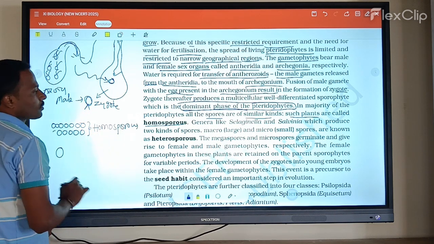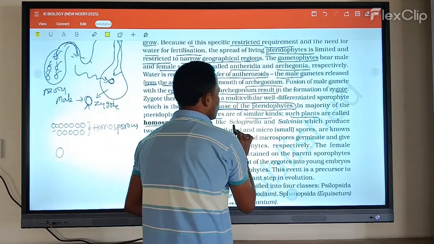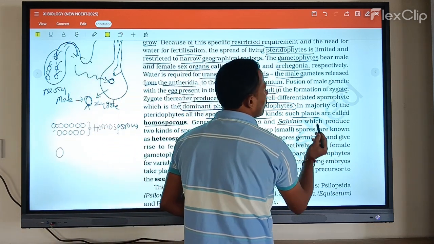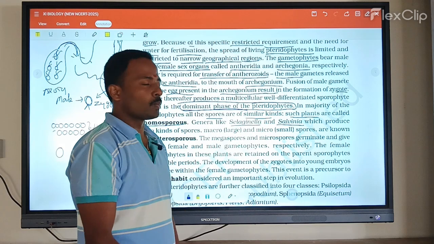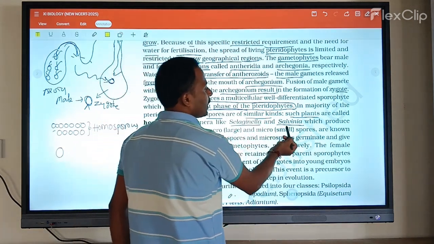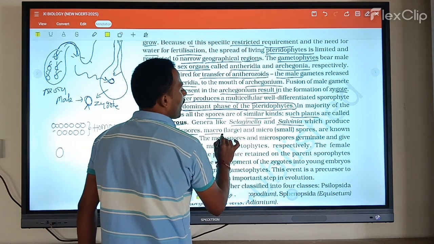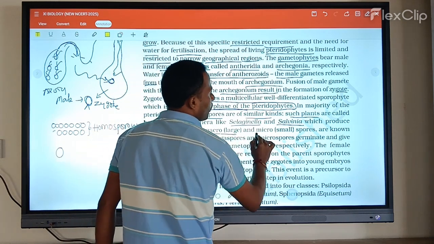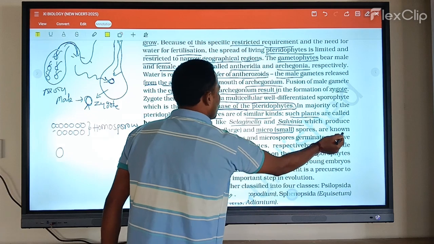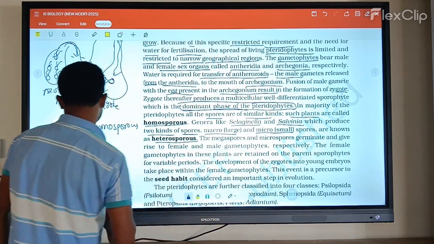In the case of Selaginella and Salvinia, they produce a heterosporous condition. Here, Selaginella and Salvinia produce two kinds of spores, macrospores which are large and microspores which are small. This is known as the heterosporous condition.